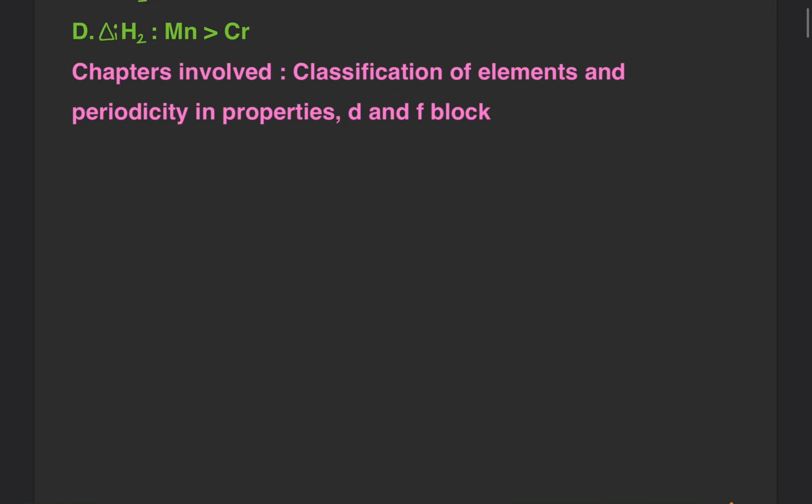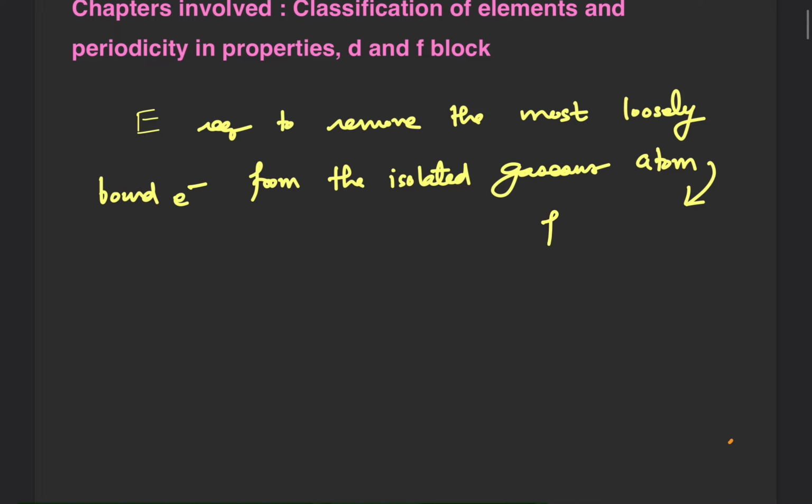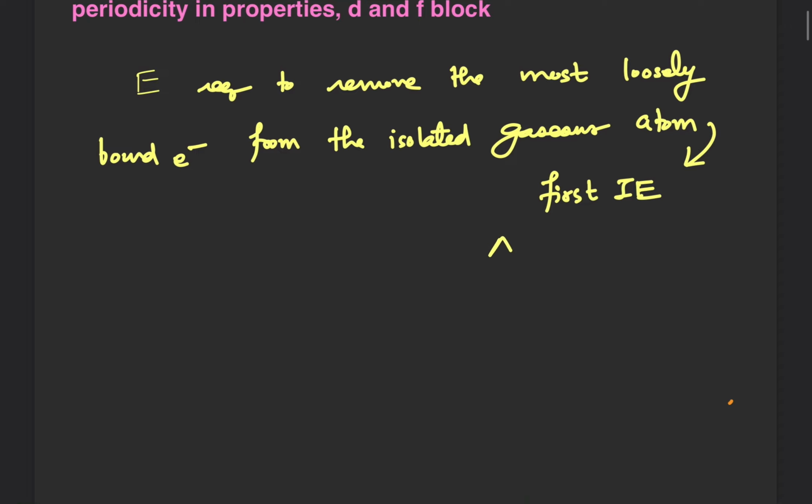Okay. So the energy required to remove the most loosely bound electron from the isolated gaseous atom, that is known as its first ionization energy, okay, and it is denoted by ΔiH1.